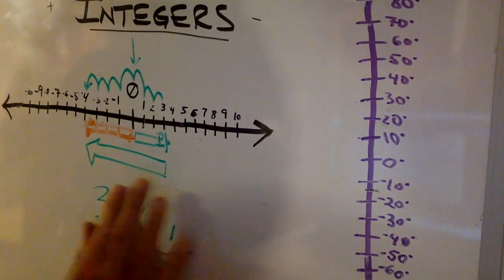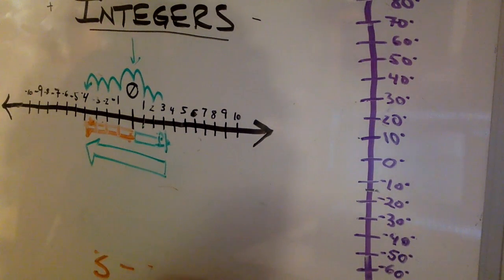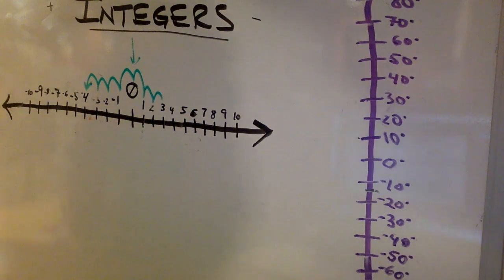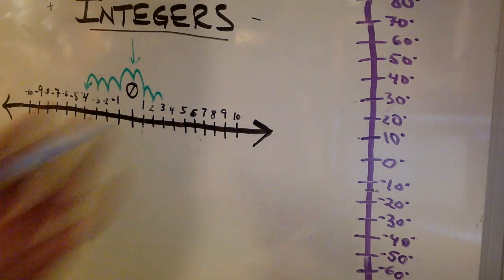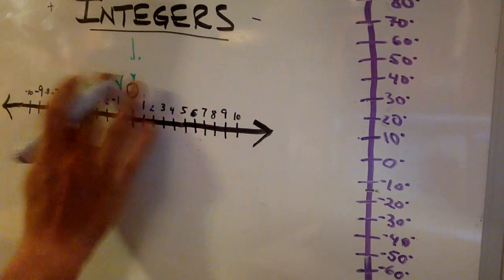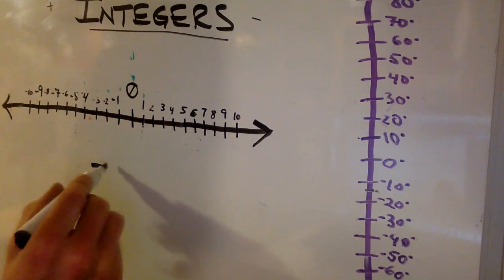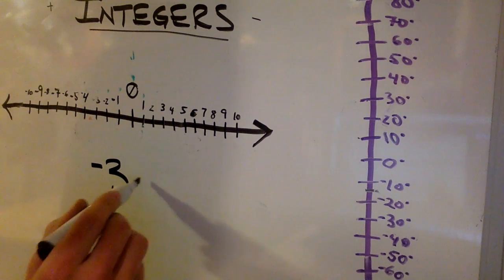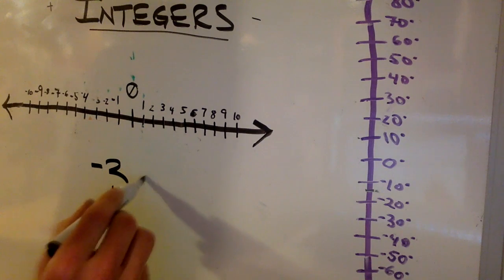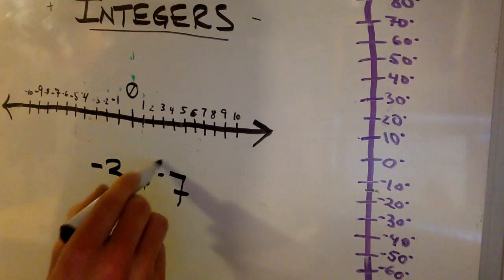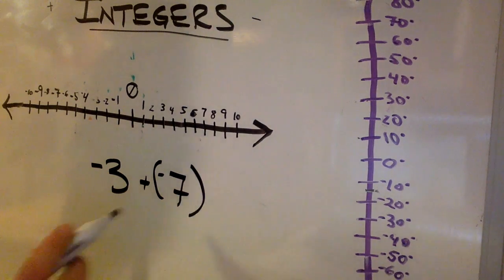I think we may have just enough time and mental space to show one more example. If we have this situation here, we might start at negative 3 and add negative 7. And again, it might be shown this way.